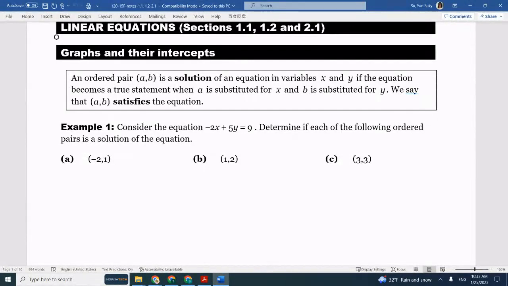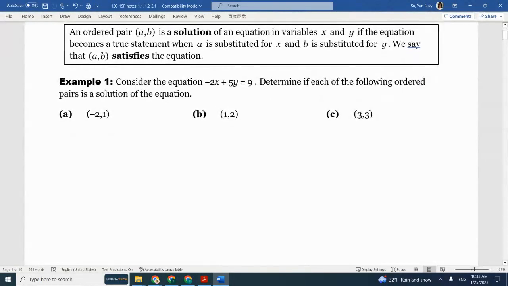So a and b are numbers. You plug in x equals a and y equals b, and see if it satisfies the equation. Satisfying the equation means you check whether the left-hand side equals the right-hand side. If yes, then this is true, right?